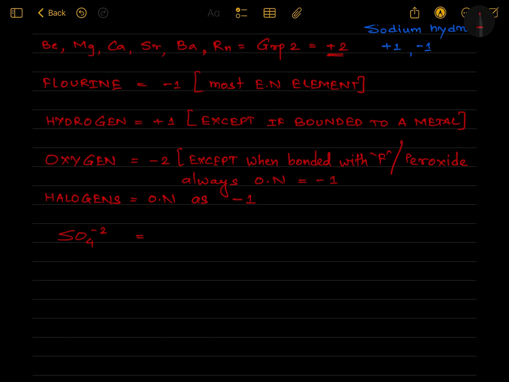This says that the sum of all the oxidation numbers, that is the oxidation number of sulfur plus the oxidation number of oxygen into 4, why into 4? Because I have 4 oxygens, needs to be equal to the charge on the ion, that is equal to -2.